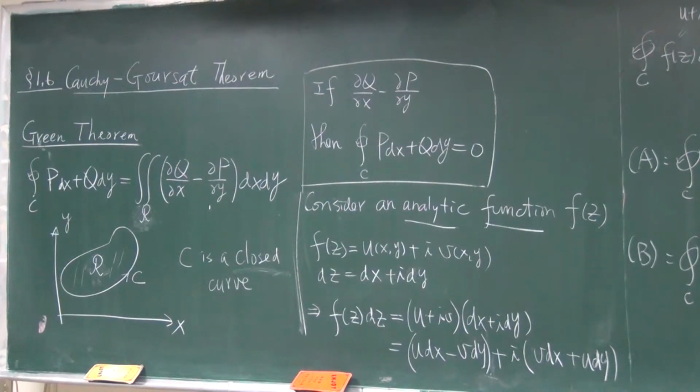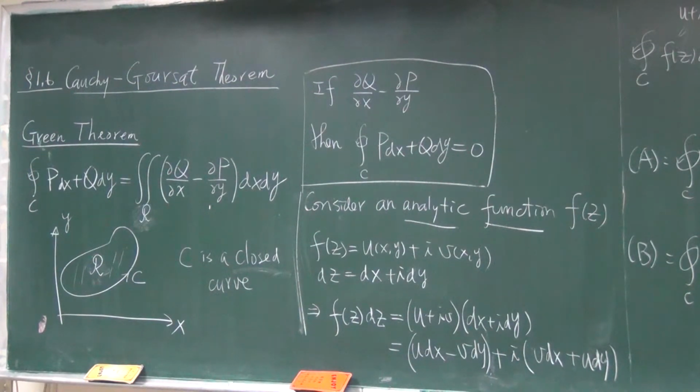What will be the direct implication of this theorem? This theorem tells us that if partial Q partial x equals partial P partial y, then this one will be equal to 0, right?